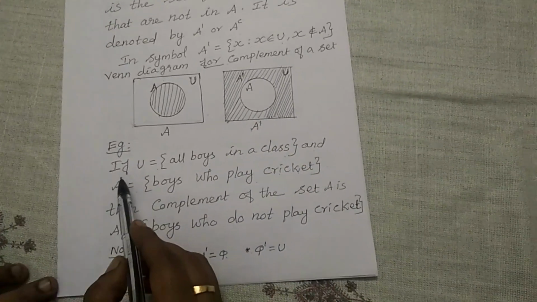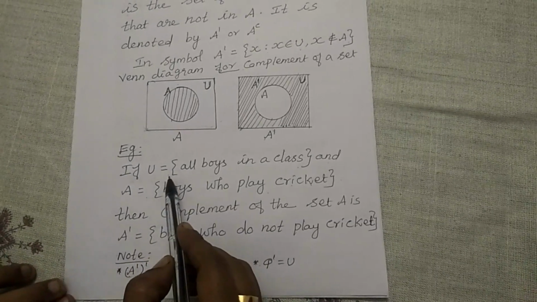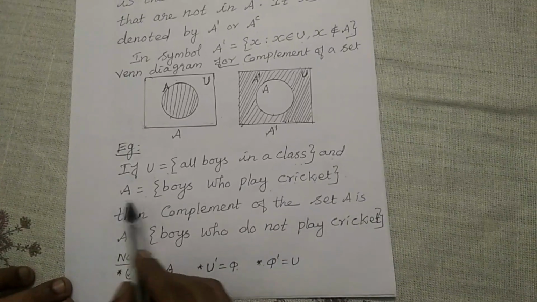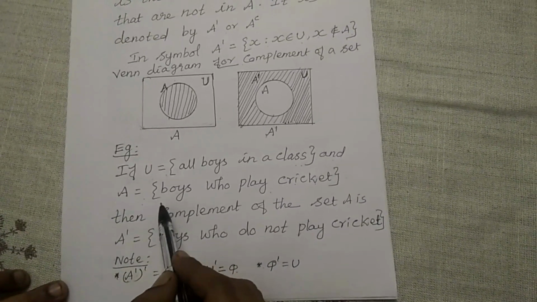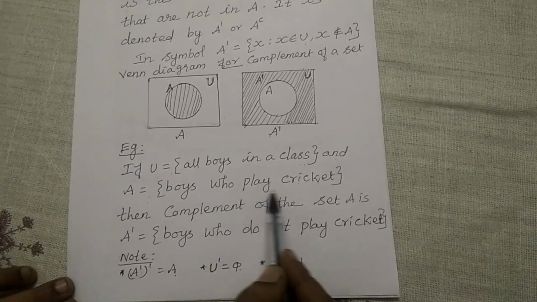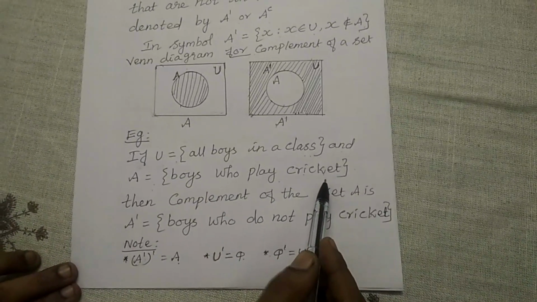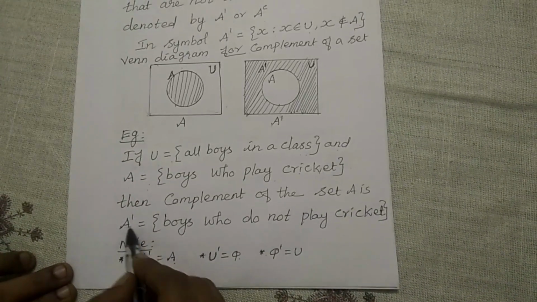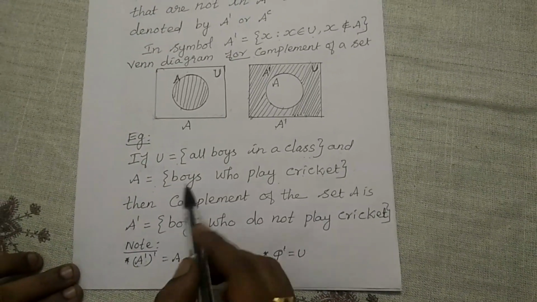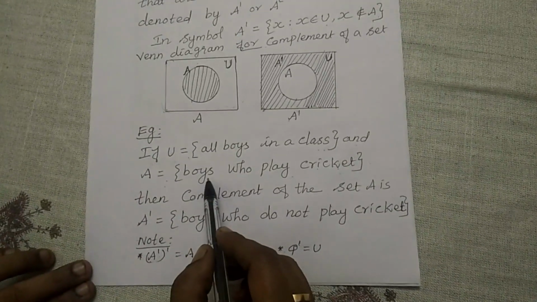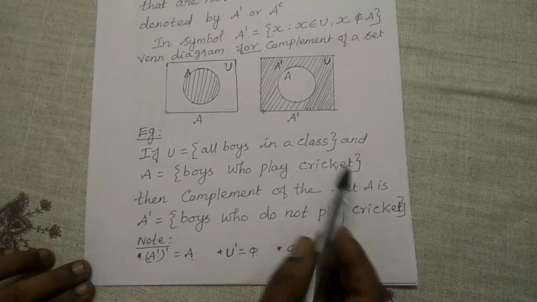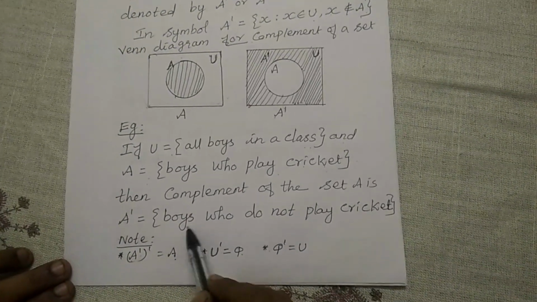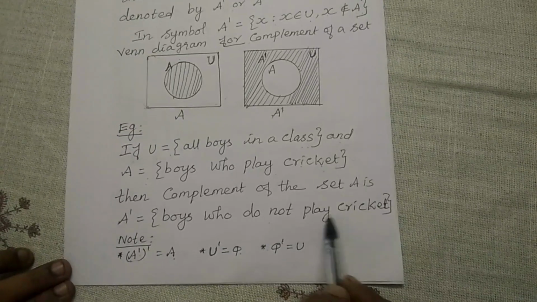Okay. For example, if the universal set is equal to all boys in a class and set A is equal to the set of boys who play cricket, then the complement of set A, A dash, is equal to, except those who play cricket, the remaining, boys who do not play cricket.